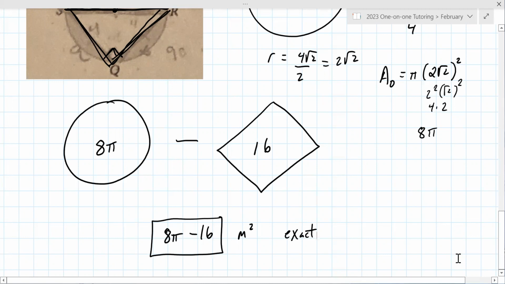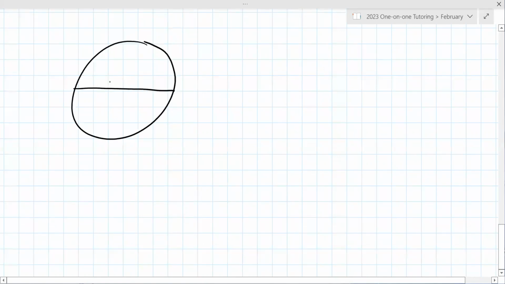Let's say the circle has a diameter of 16. What is the radius? The radius is 8. What is the area of a circle formula?